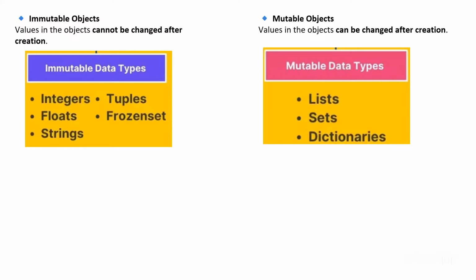Now I'm also giving you examples: immutable data types are string, float, integer, tuples, frozen sets, and list, set, dictionary are mutable data types. You are saying values cannot be changed.